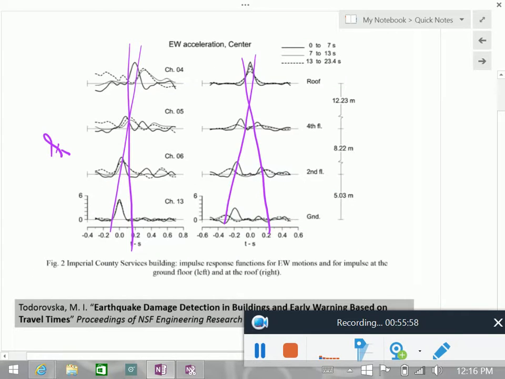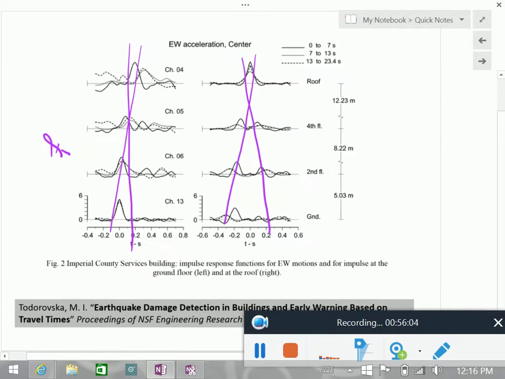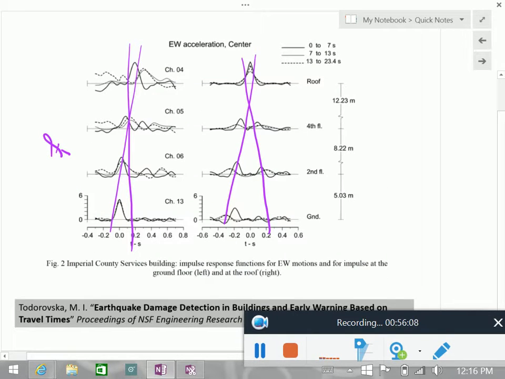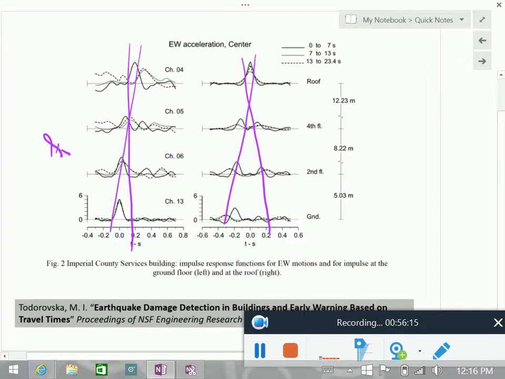I just want to show you applications so you remember. Here, I wanted to show you that you can use even this kind of wave propagation in the building, and they are arguing that it produces better results. This F1 is coming from the propagation of waves inside the building.